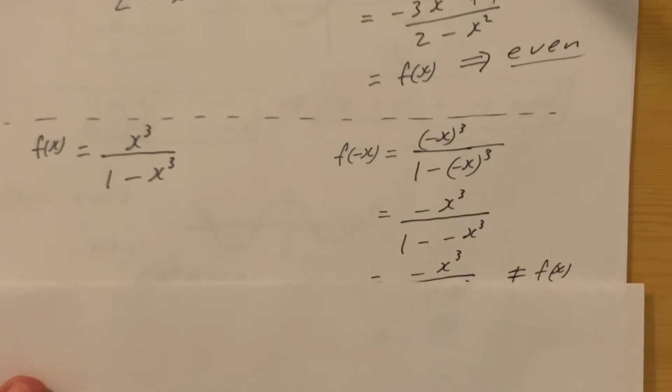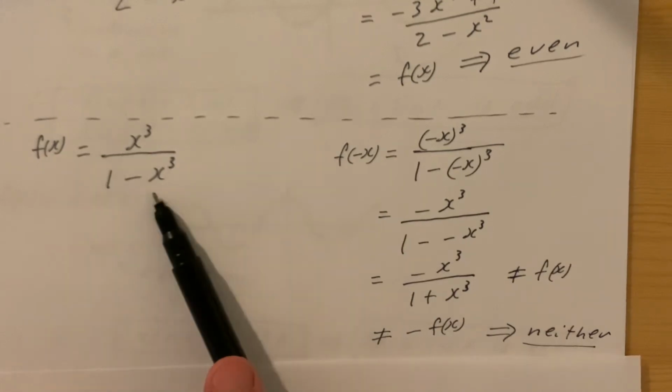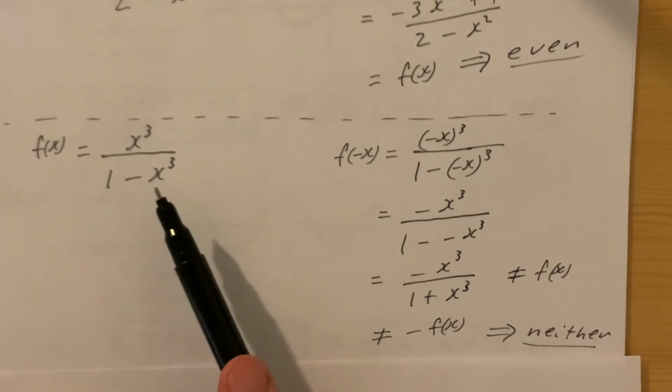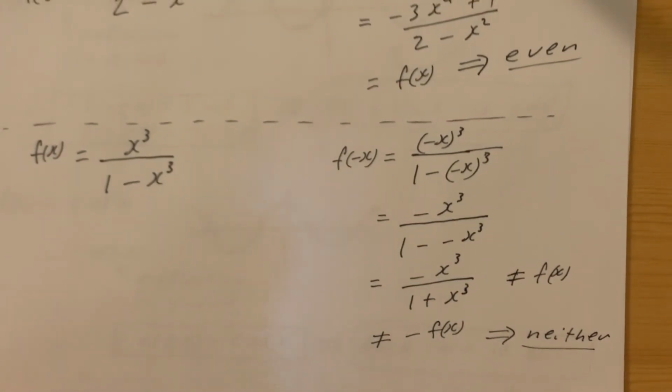So you get this and this, which is neither f of x nor negative f of x, so we have neither. Just because all the exponents are odd does not mean you're going to get an odd function. Now, let's see how this applies to trig.